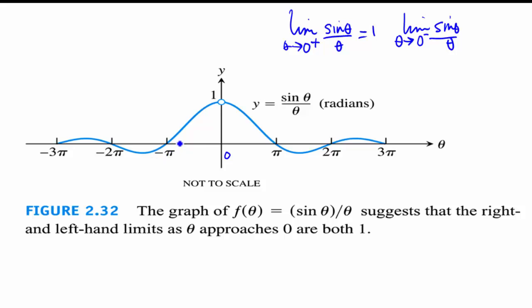I'm looking at all my negative angles approaching 0 from the left. The y values approach 1. So using the one-sided limits, we can conclude that the limit of sine of theta over theta as theta approaches 0 is equal to 1.